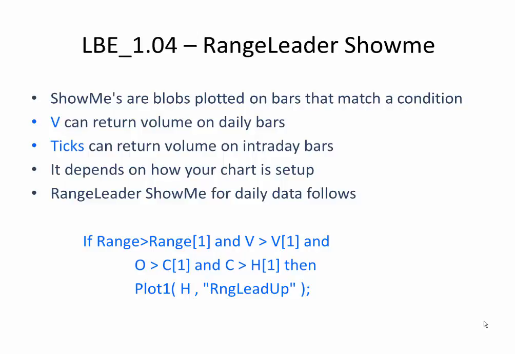And open is greater than the prior bar's close, and the close is greater than the high of the prior bar. If all that is true, that then gets plotted with a blob at the high of the bar, and we're going to call this our range lead up tool. Now let's go look at TradeStation and see how this looks.